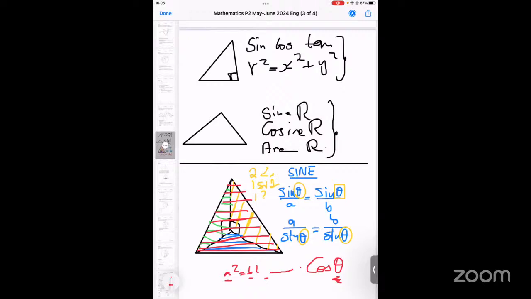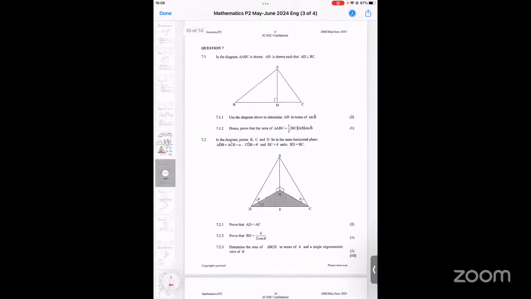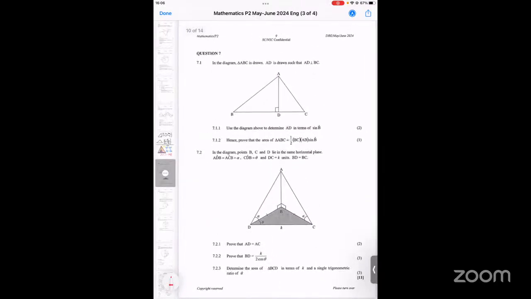Okay, maybe let's try to see this type of questions and see how far we can go. So question number 7. This is where they say, we have 7.1. In the diagram, we've got triangle ABC, which is drawn. AD is drawn such that AD is perpendicular to BC.